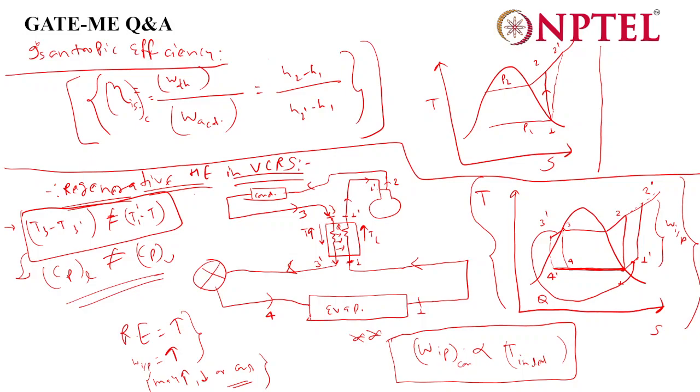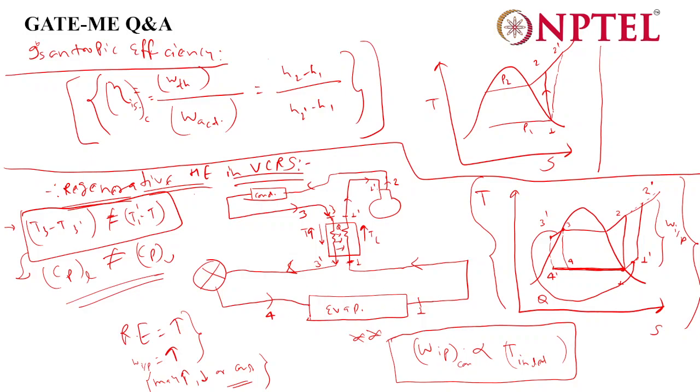Again its temperature goes down in the heat exchanger. What enters the expansion valve, 3 or 3 dash? 3 dash. So 3 dash to 4 dash, the exit of the expansion valve, which goes to the evaporator.